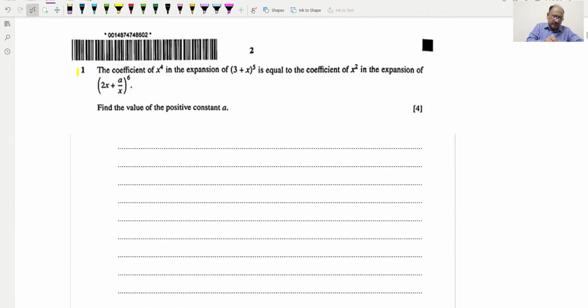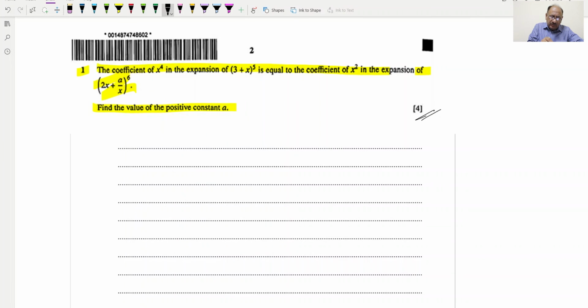Question number 1 says the coefficient of x^4 in the expansion of (3 + x)^5 is equal to the coefficient of x^2 in the expansion of this one. Find the value of the positive constant a. This is a 4 marks question.